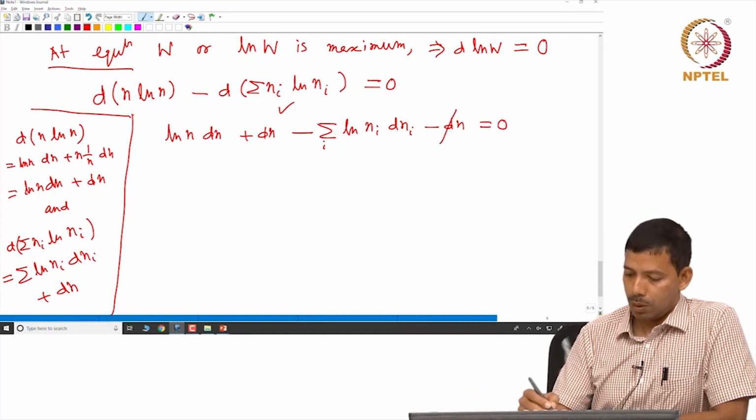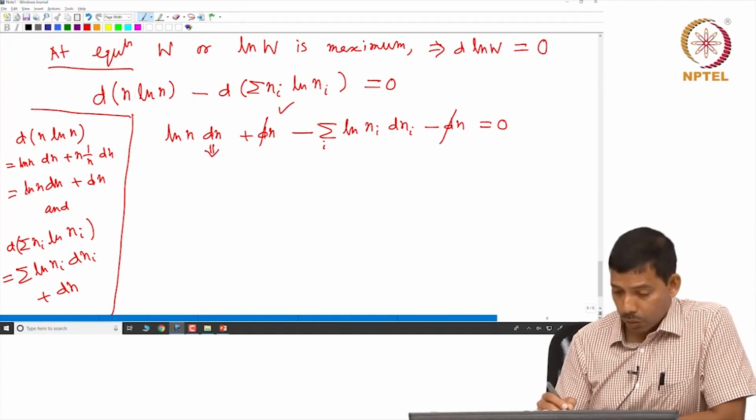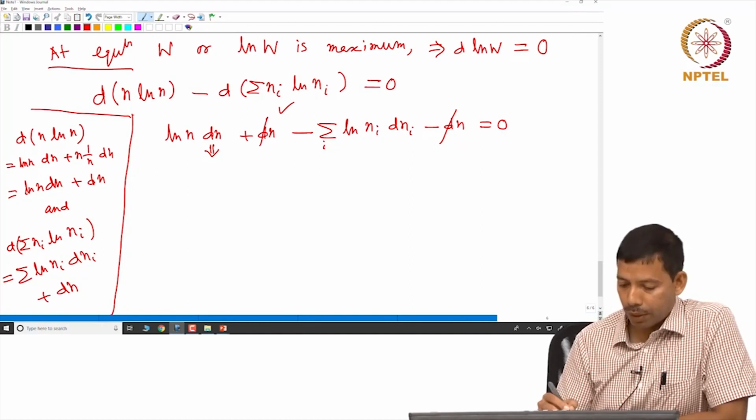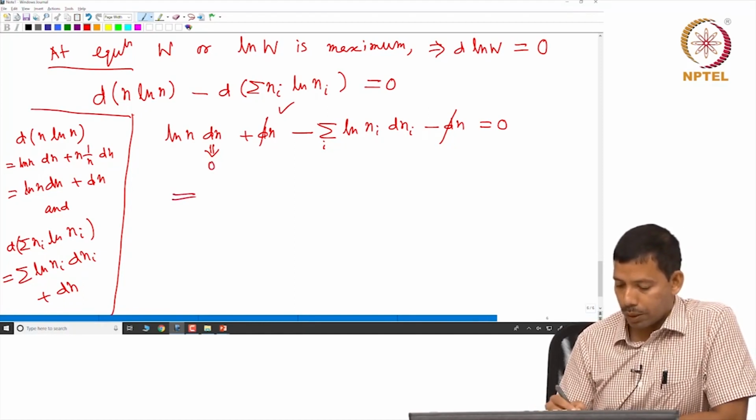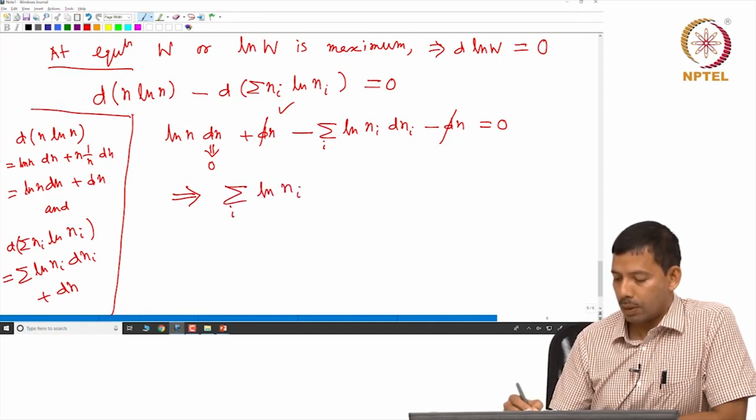So this term goes, and this is again nothing but 0, because n is constant, the total number of particles, and the derivative of n is 0. So this leads us to sum over i of ln ni dni is equal to 0.